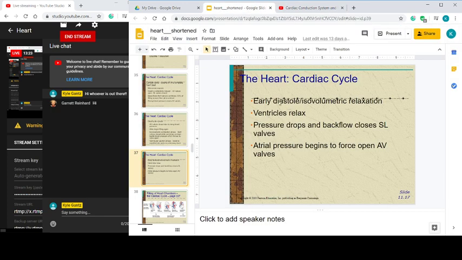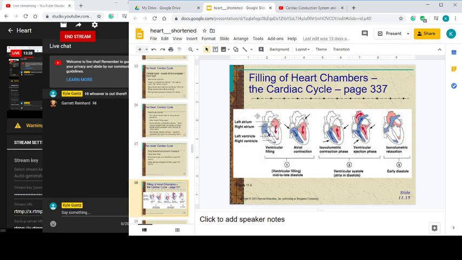Okay? So here's what we're talking about here. This is the whole chamber filling type thing, right? So we have this mid to late diastole, and remember, we're usually talking about ventricular type stuff, so mid to late ventricular relaxation.